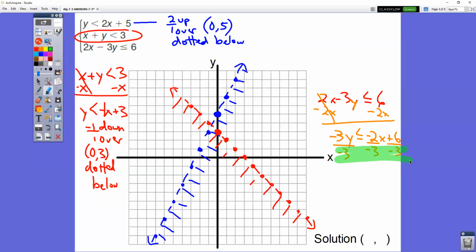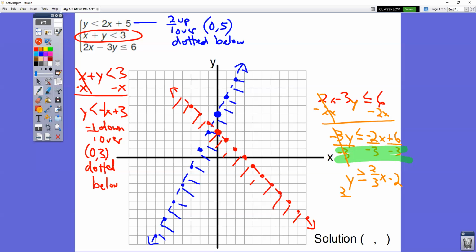So less than is going to become greater than. These cancel out, we have y. Less than or equal to becomes greater than or equal to, because we're dividing by a negative. Negative 2 divided by negative 3, a negative divided by a negative is a positive, so that's 2/3. 6 divided by negative 3 is negative 2.